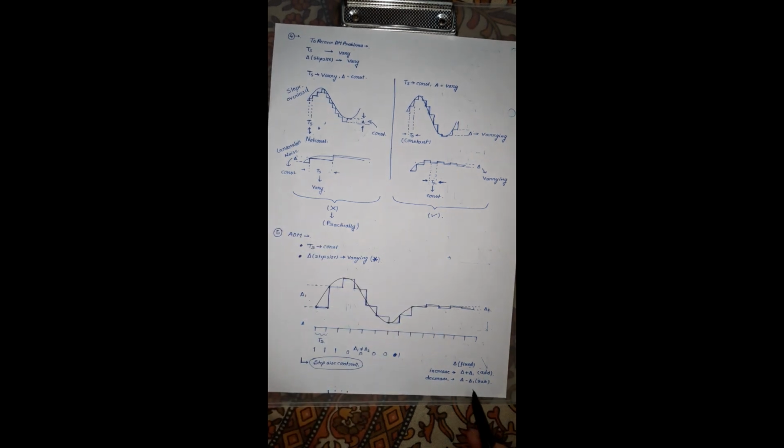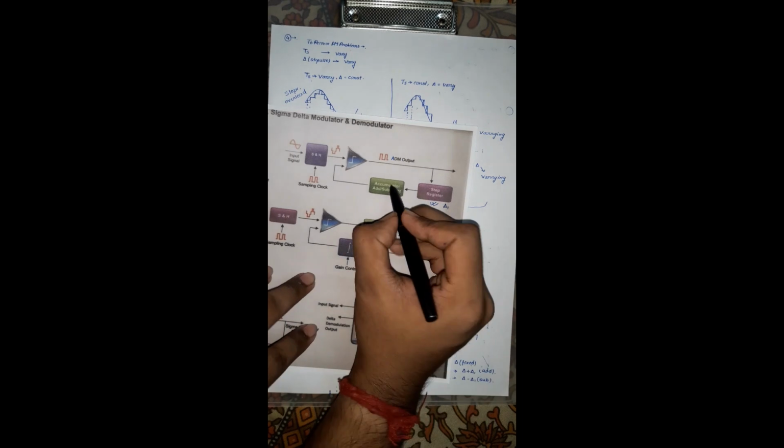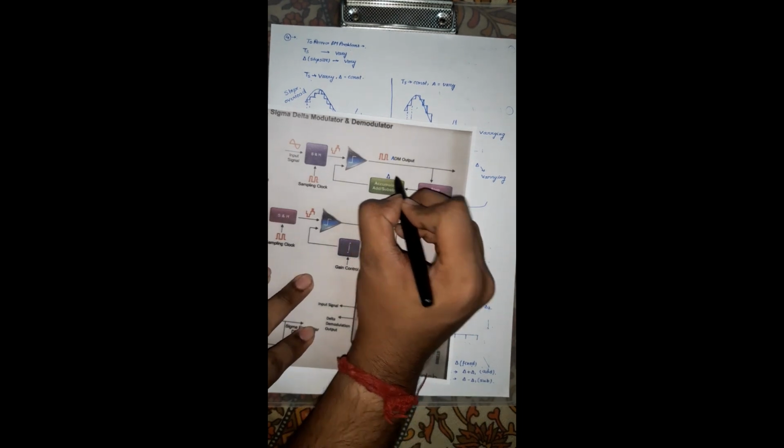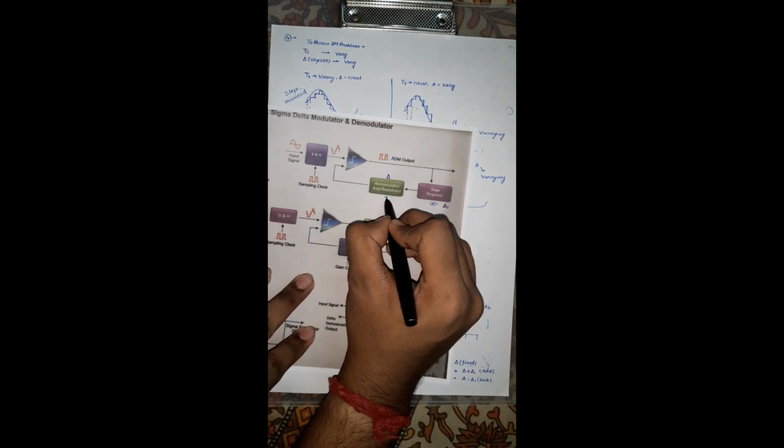And this delta 1 has been stored in this step register. A fixed step size is already there in the accumulator. Sometimes addition or subtraction is performed between the fixed step and this delta 1.